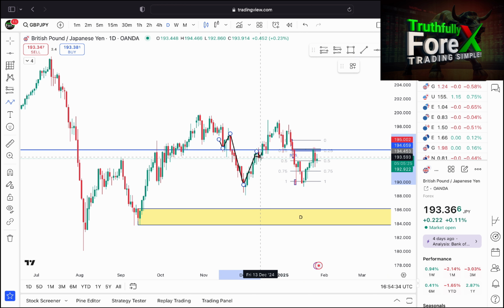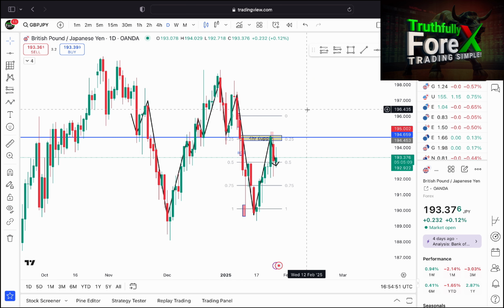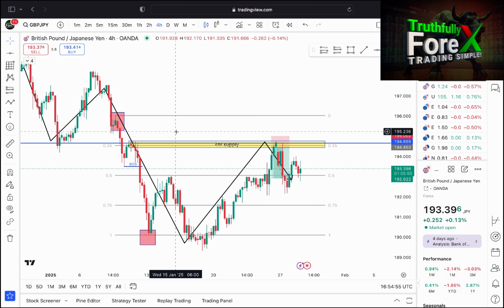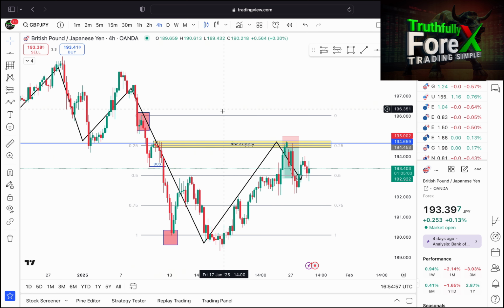It did respect it there, pushed down but broke back up, respected it here, pushed up, respected it here again, pushed up, broke back through, and then retested again before the push down. So like I mentioned, a supply is absolutely ideal if it can align with something like a premium up the top.